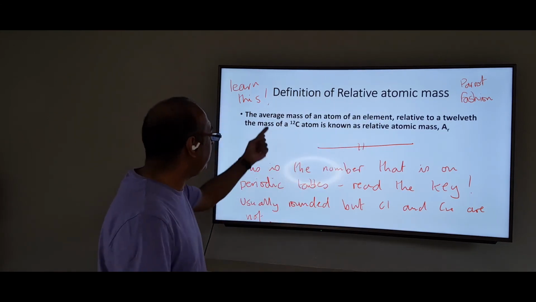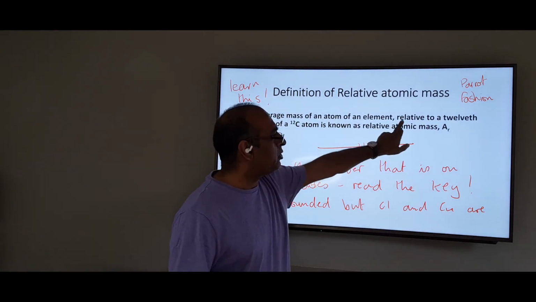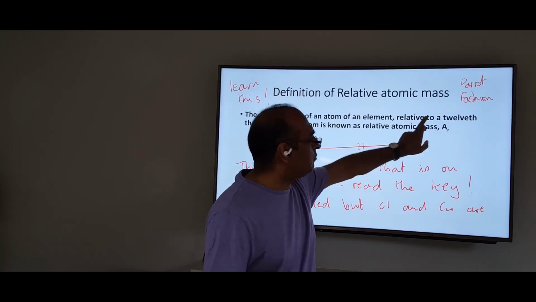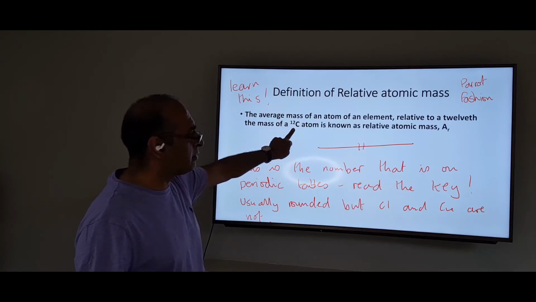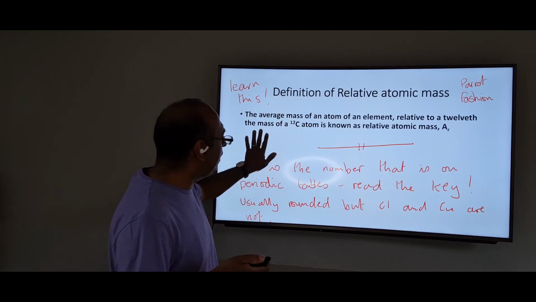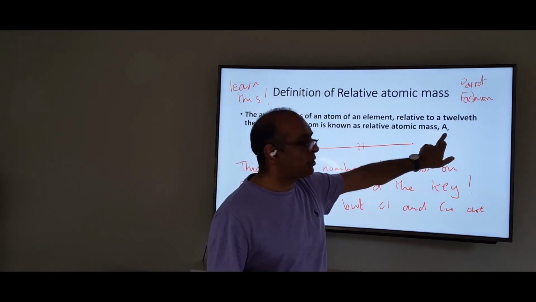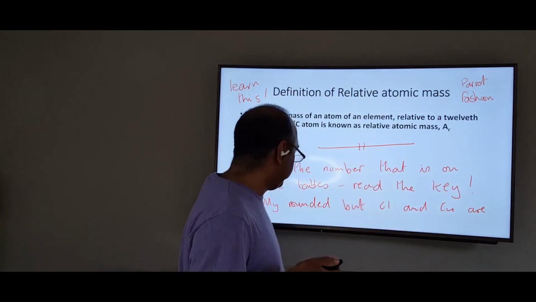So relative atomic mass is the average mass of an atom of an element relative to a 12th the mass of a carbon-12 atom, and the symbol is capital A subscript r.